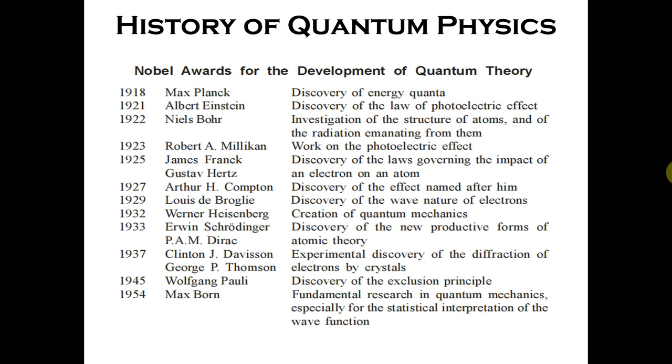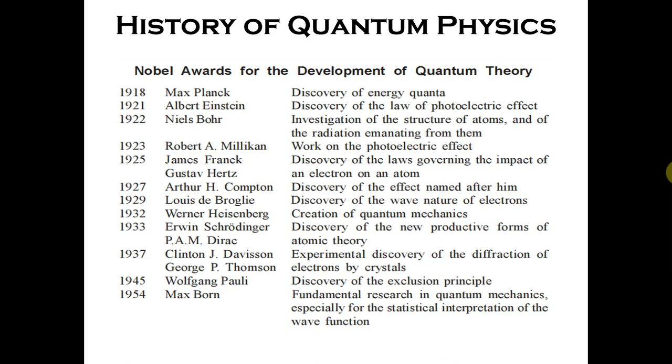The originator of the quantum idea was Max Planck. He introduced the concept of quantization of radiant energy in 1900 to explain the spectral distribution of radiant energy emitted by a heated black body. Einstein took the next important step in 1905.